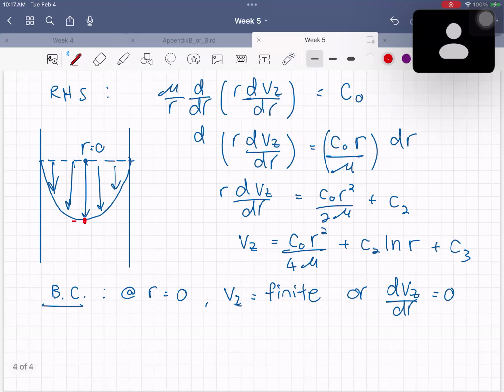So in this case, it will be something like a slope at r equal to 0. The slope of the velocity profile curve at r equal to 0 will be equal to 0, all right? So that's why we can write the boundary condition as dVz/dr equal to 0, okay?